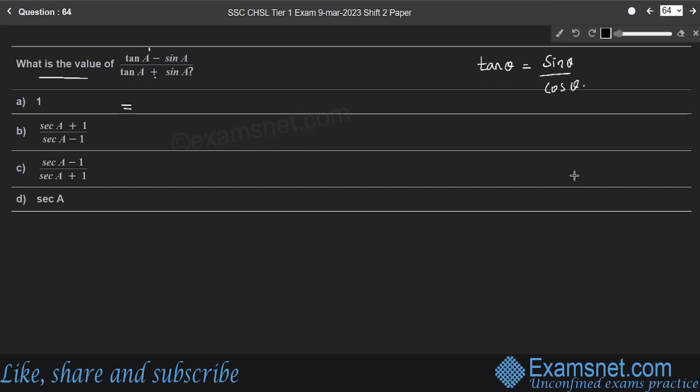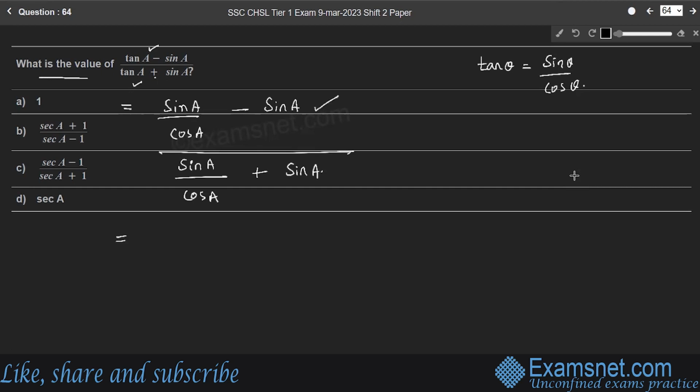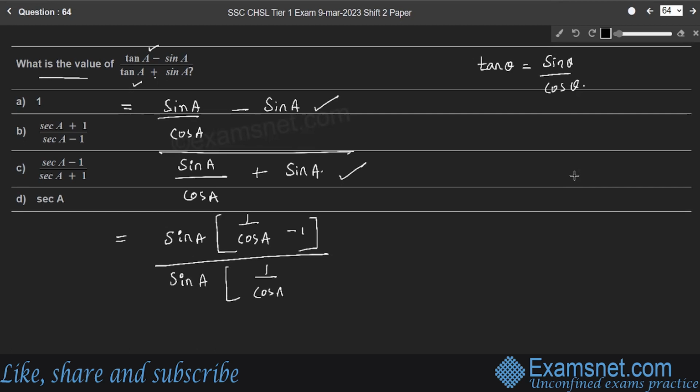Therefore, tan A can be written as sin A by cos A, minus sin A, whole divided by tan A plus sin A. Here again, we write tan A as sin A by cos A plus sin A. So consider the numerator, in which we'll take sin A as common: sin A into (1 by cos A minus 1), whole divided by, in the denominator also, we'll take sin A as common, (1 by cos A plus 1).